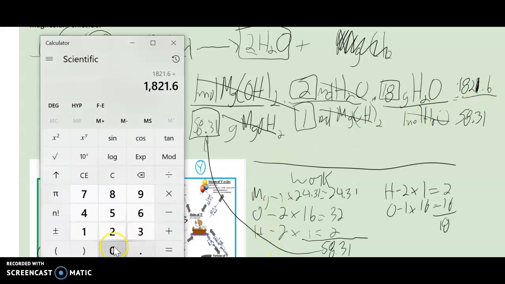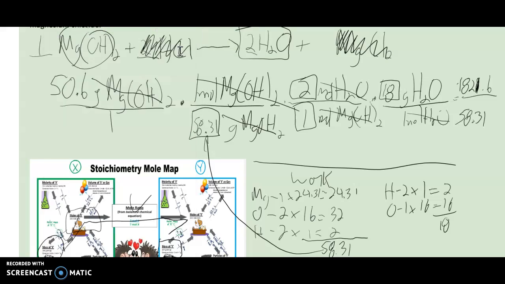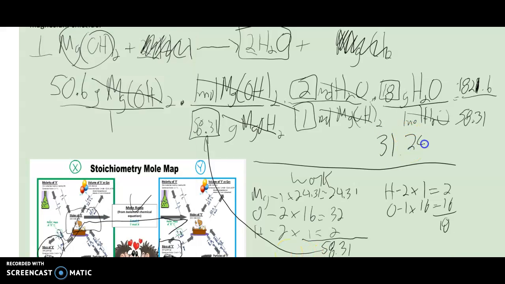Divided by 58.31. Great. So what this is telling me is, if I use all of my Mg(OH)2, I can make 31.24 grams of H2O.